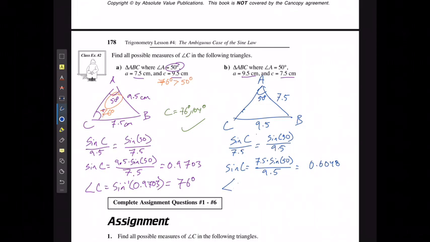So angle C in this case is going to be sine to the negative 1 of 0.6048, which is going to give me 37 degrees. If this angle is 37 degrees, then in this case, 37 is less than 50, which means that I'm only going to have one solution.